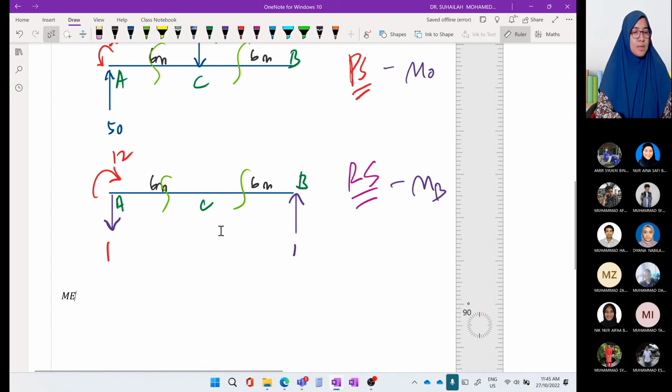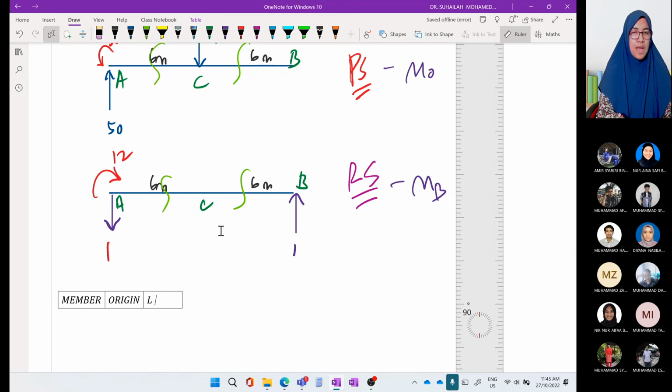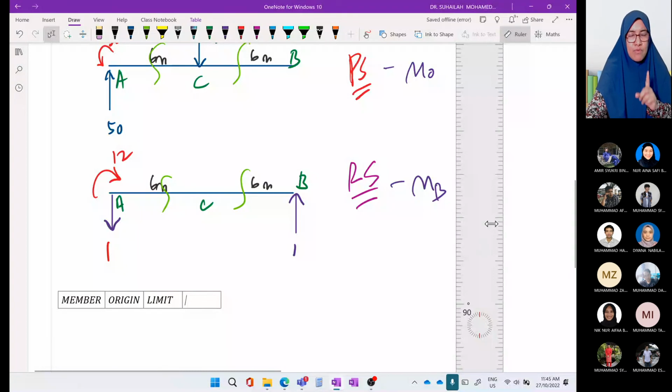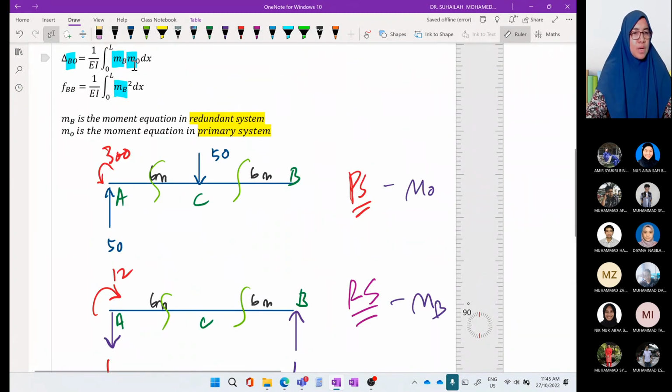In the table we have the member, and when we write the moment equation, we have the origin as well as the limit, from A to C and from C to B. We have one column for M naught and one column for MB.